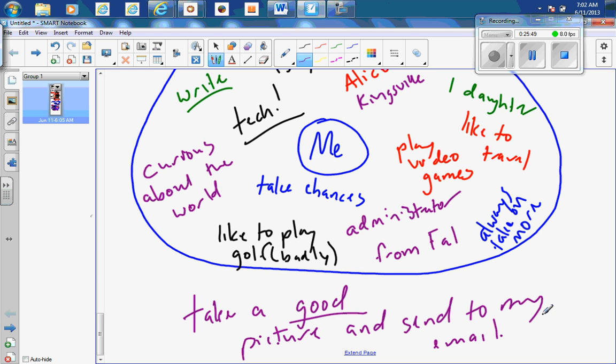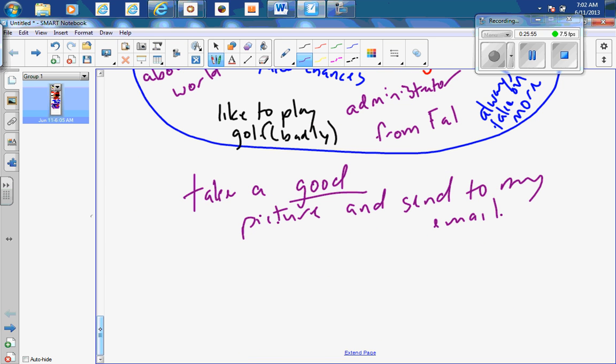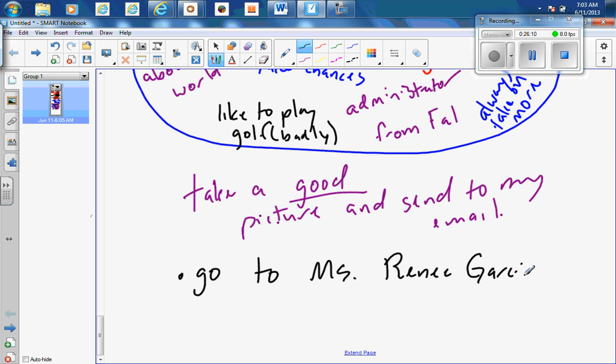Now, for those of you actually attending school, if you don't have a camera phone that can take a good enough picture where I can read this information, go to Miss Renee Garcia. She can scan this on our copy machine and email the scan if you can't take a good picture.